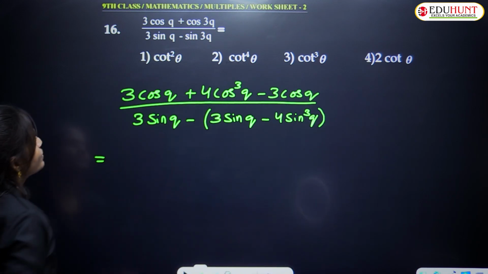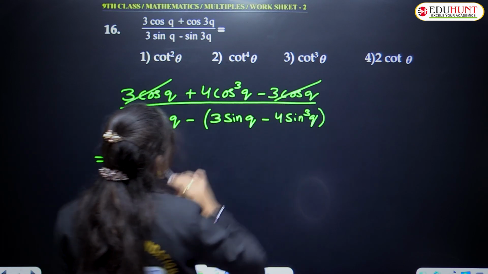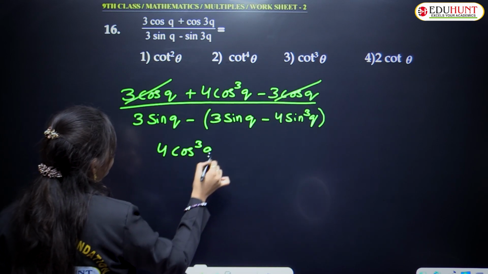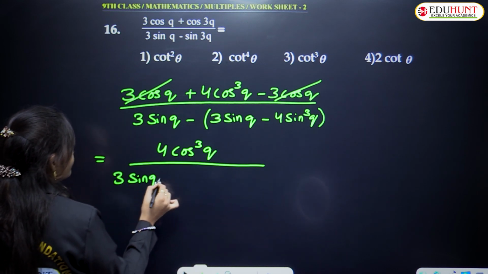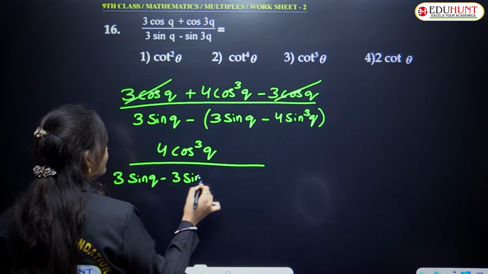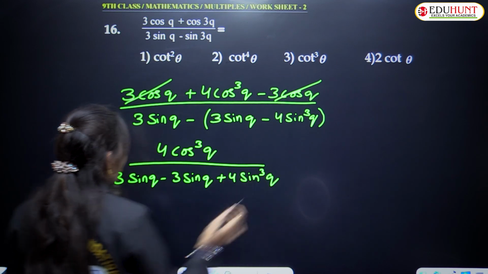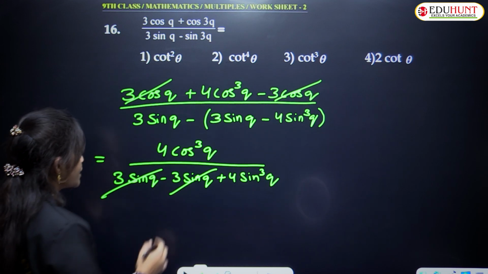Okay. So here any cancellations? Yes, 3 cos q minus 3 cos q gets cancelled. So 4 cos cube q whole by 3 sin q minus 3 sin q plus 4 sin cube q. Okay, so 3 sin q and 3 sin q get cancelled, plus and minus are there, so that's why.